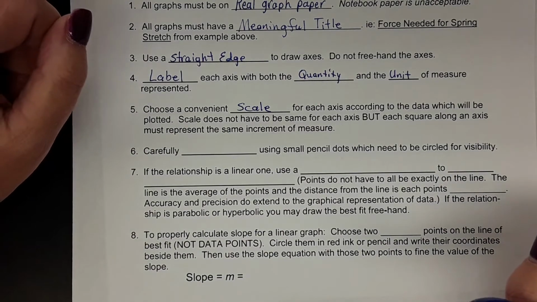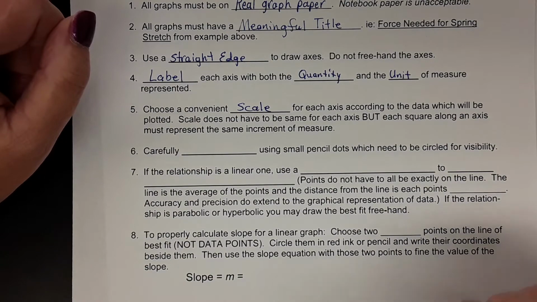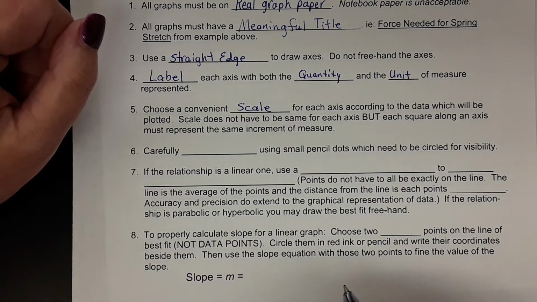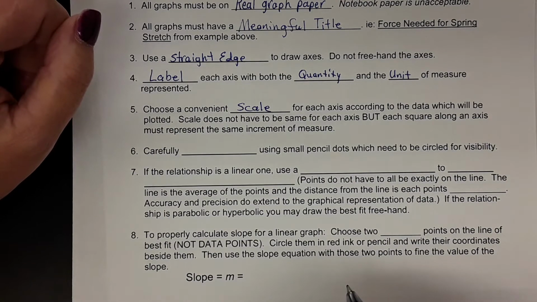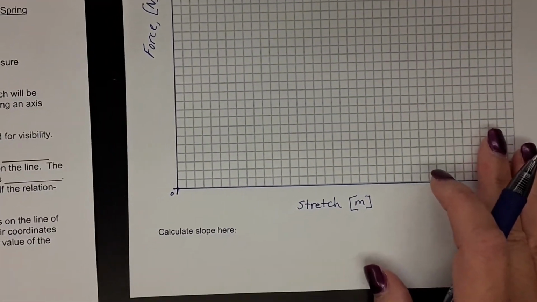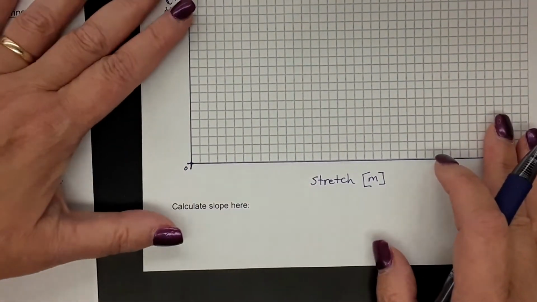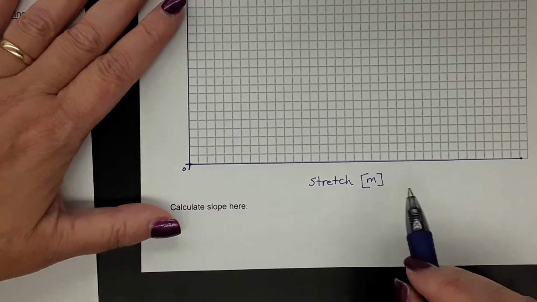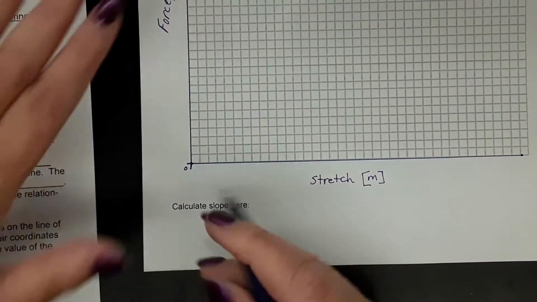In other words, if you're going to let each square represent a value of 1, you're going to go 1, 2, 3, 4. You can't go 1, 2, 5, 6, 8, 9. That doesn't cut it. You have to actually adhere to a scale for each square. Now, does that mean you have to put a number on each square? No, you don't. So let's take a look.